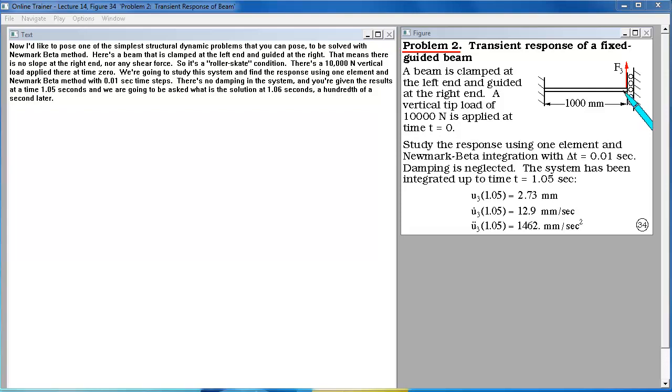We're going to study this system and find the response using one element and the Newmark Beta Method with 100th-second time steps. There's no damping in the system, and you're given the results at a time 1.05 seconds, and we're going to be asked what is the solution at 1.06 seconds, a hundredth of a second later.